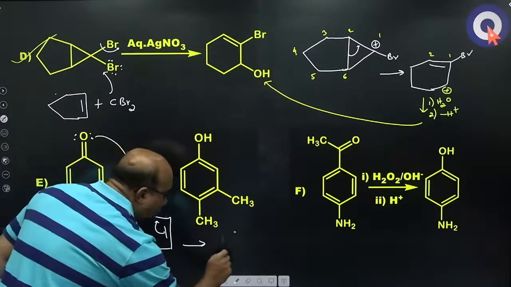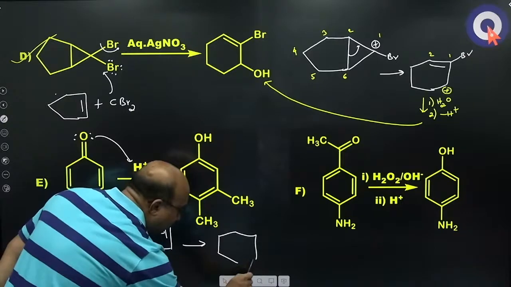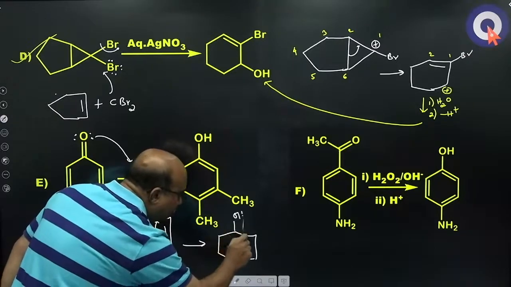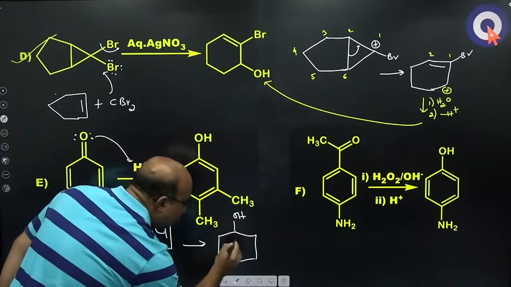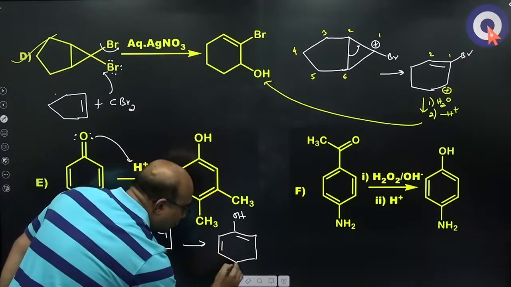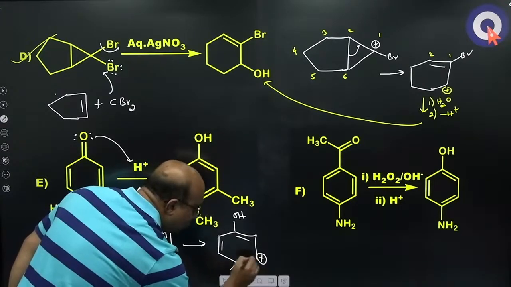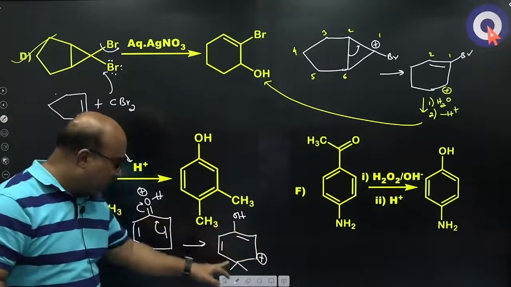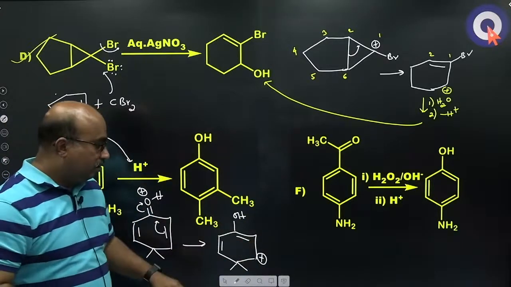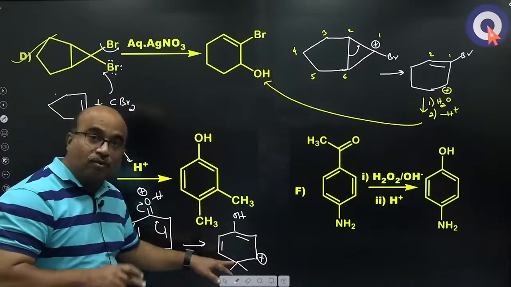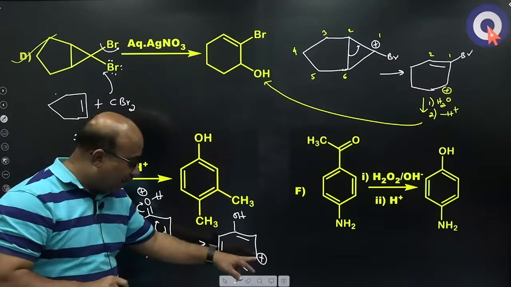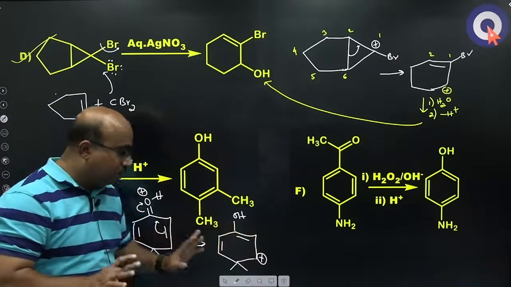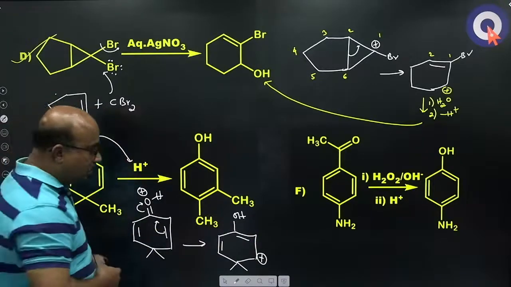So you will see formation of this because of these pi bond shifts: CH3, CH3 and positive charge. So again continuous conjugation is there. But this carbon is a quaternary carbon. This carbon is a secondary with an allylic position, or extended conjugation, that exists.